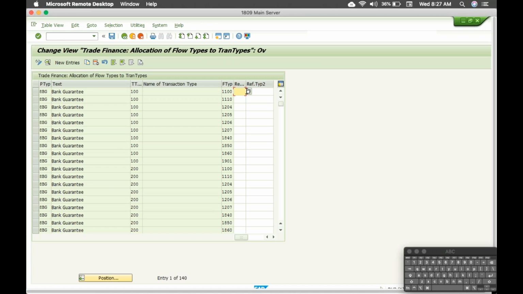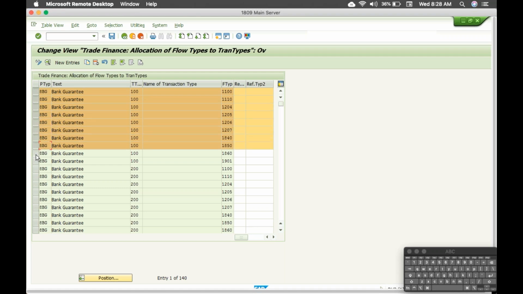Assign flow types to transaction types. Identifying these flow types is very difficult from your side. So what you can do is take bank guarantee first. Bank guarantee 100 with flow type, whatever is there, just copy.